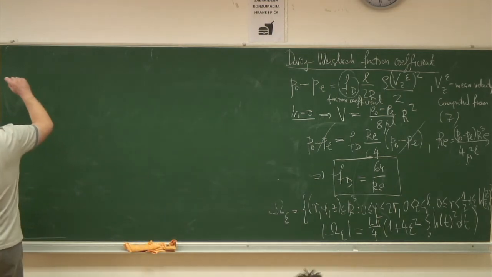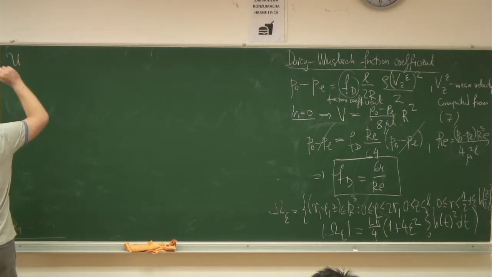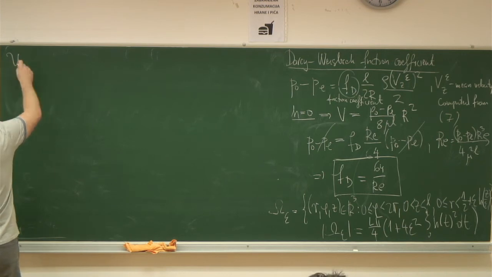Okay, now we compute the mean velocity up to an order epsilon to the fourth.